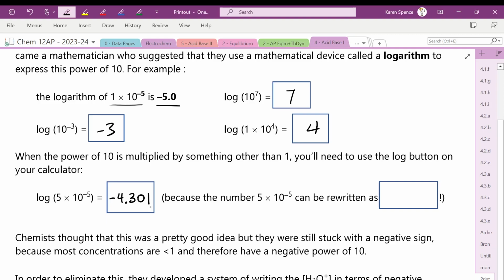You should get negative 4.301. Is that what you guys are getting? Anyone not getting it? Would you like a little coaching on that?